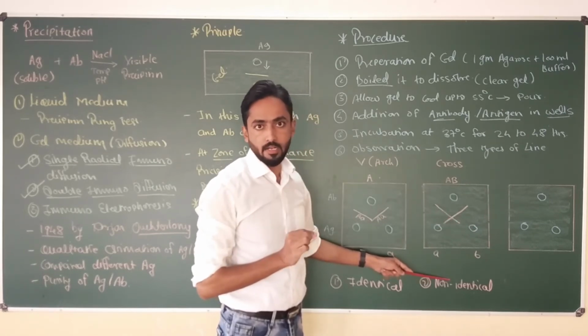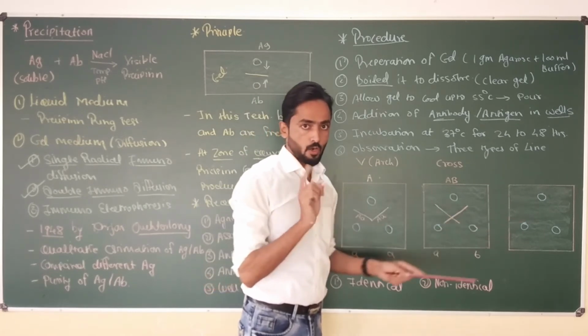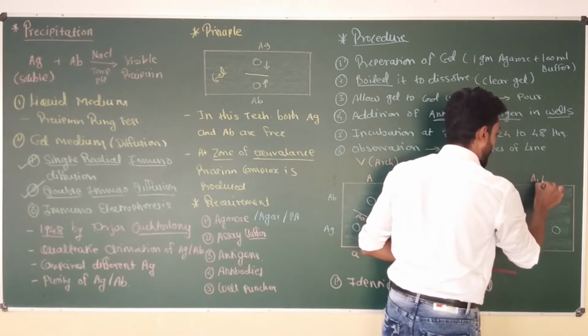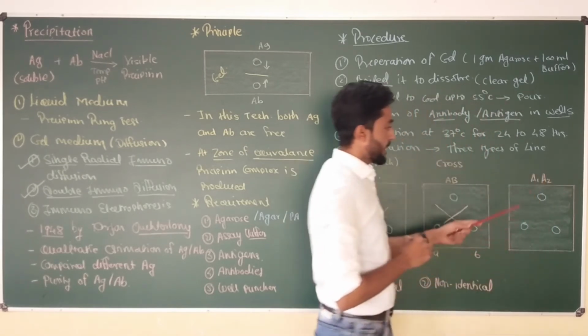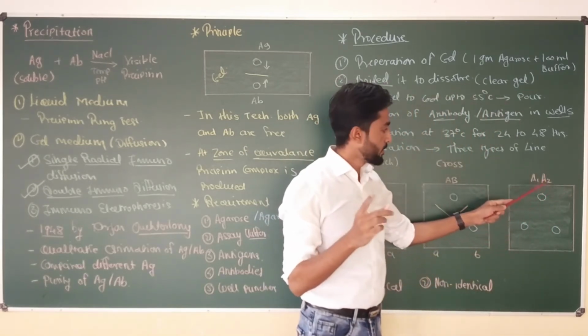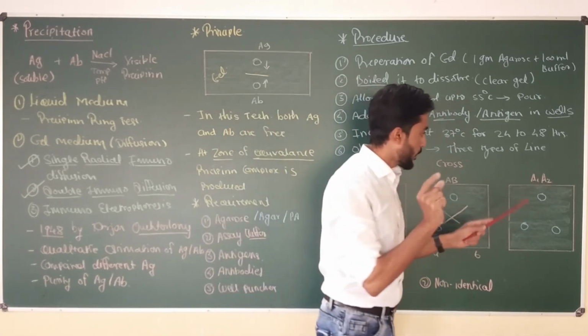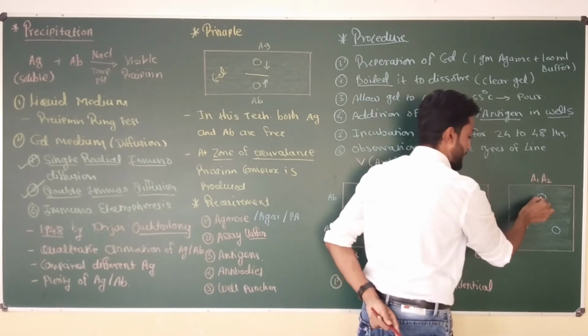And in the third or last case, if we add an antibody like A1 A2, this is a single type of antibody which is specific for two epitopes present on the antigen. Now you have to focus here. I have used a single antibody.